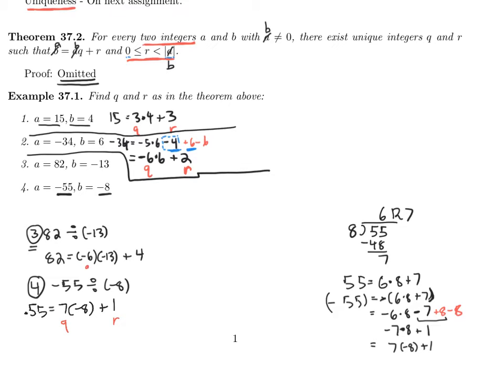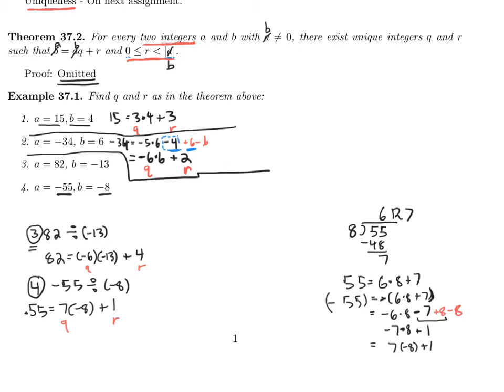Just like all of the other ones, we can write down the quotient and the remainder whether the divisor or the dividend is positive or negative. It doesn't really matter. Both can be positive, both can be negative, or one can be positive and one negative. We can still figure it out using this quotient remainder theorem.